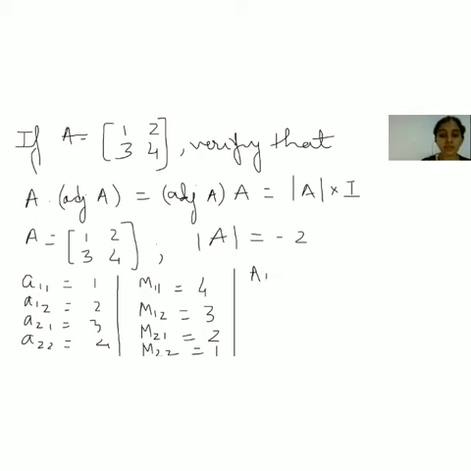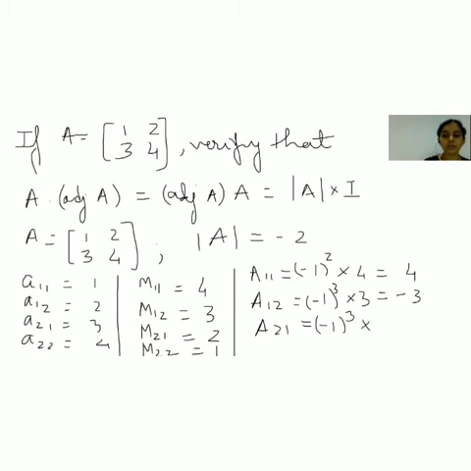Then again we have the cofactors. So A11 is equal to minus 1 to the power 2 multiplied by the minor, which is equal to 4, A12 is equal to minus 1 raised to 3 into 3, that is minus 3, A21 is equal to minus 1 raised to 3 into 2, that is minus 2, and A22 is equal to 1.